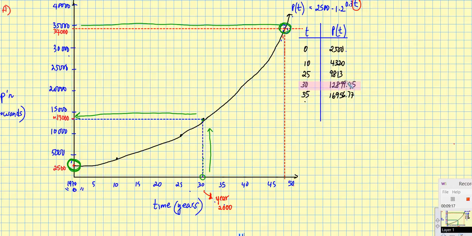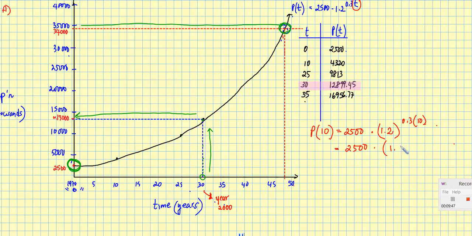So basically what that means is if I'm just going to take one example here, because this has already been done for you, we'll do p at 10. So that goes to 2500 times 1.2 raised to the power of 0.3 times 10. What that means is this is going to go to 2500 times 1.2 raised to the power of, well, 0.3 times 10 gives me 3.